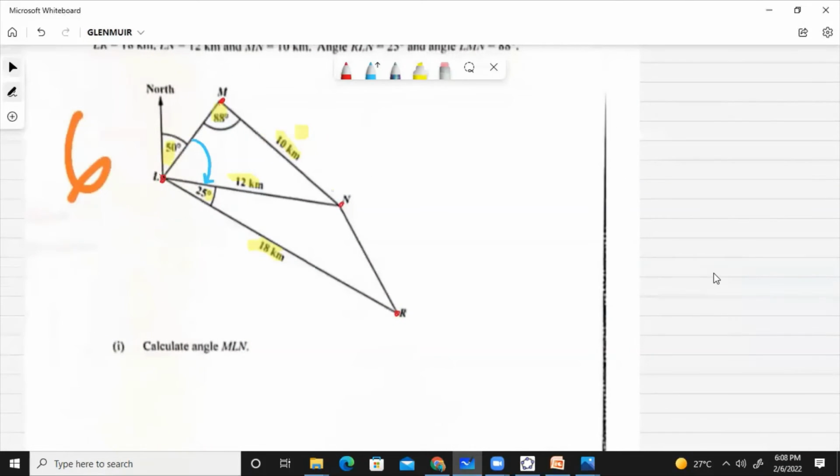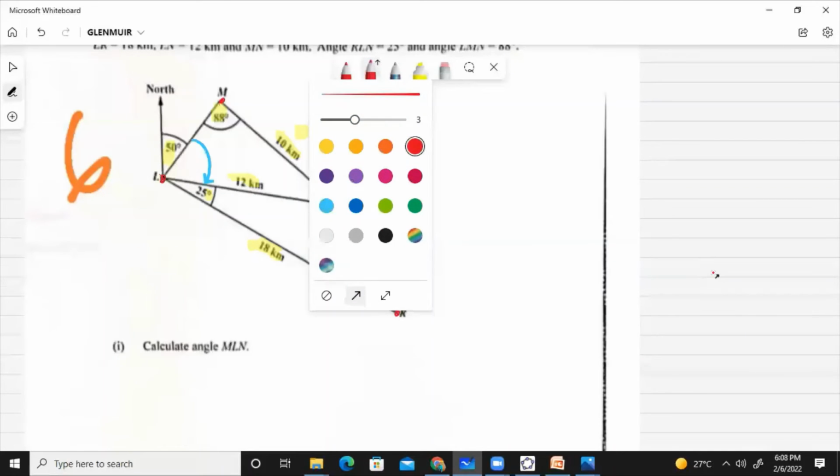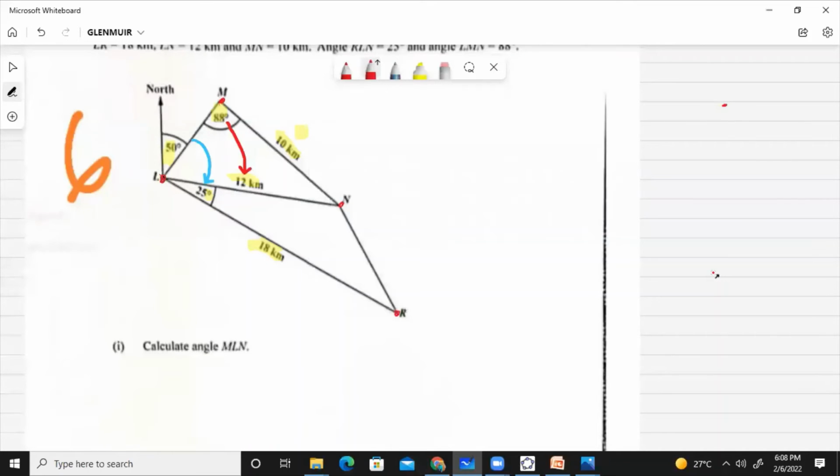There are so many things you can do. You can say, all right, let us jump on that sine rule. Because as I said to you, everything is repetitive. I have 88 degrees. I have the side across from it, which is opposite to it. They asked me for this angle and they gave me the side opposite to it. So right there, I'm going to employ my sine rule. So I am suggesting that we could start off by saying 12.